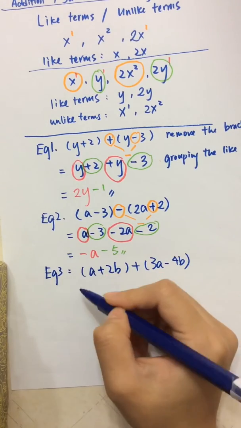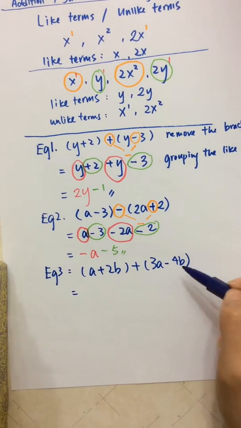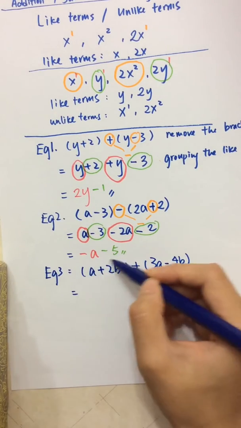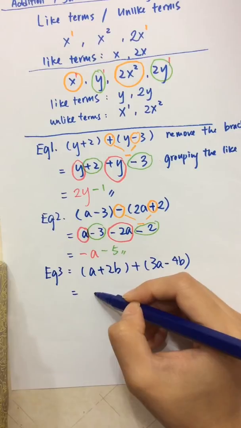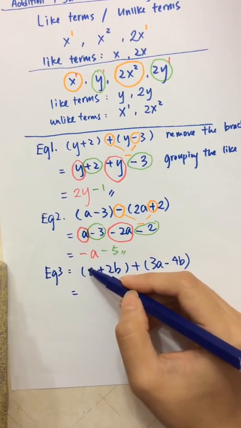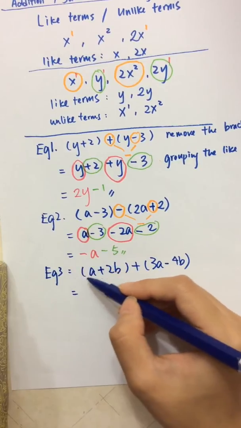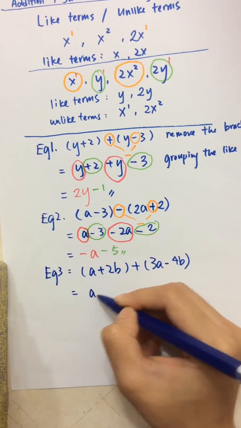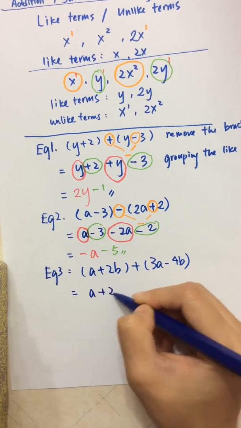When you consider the next step, don't forget to remove the bracket first. For this one, you should copy down a here because there is no further calculation with another symbol. Then plus 2b.